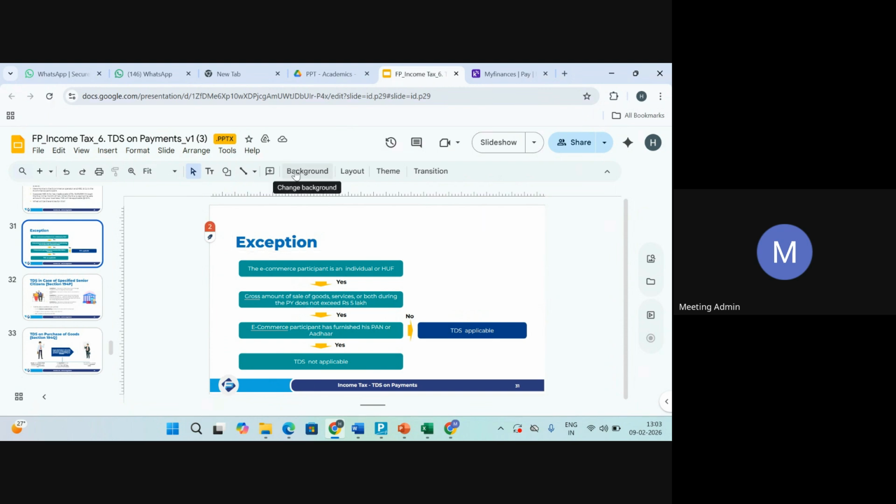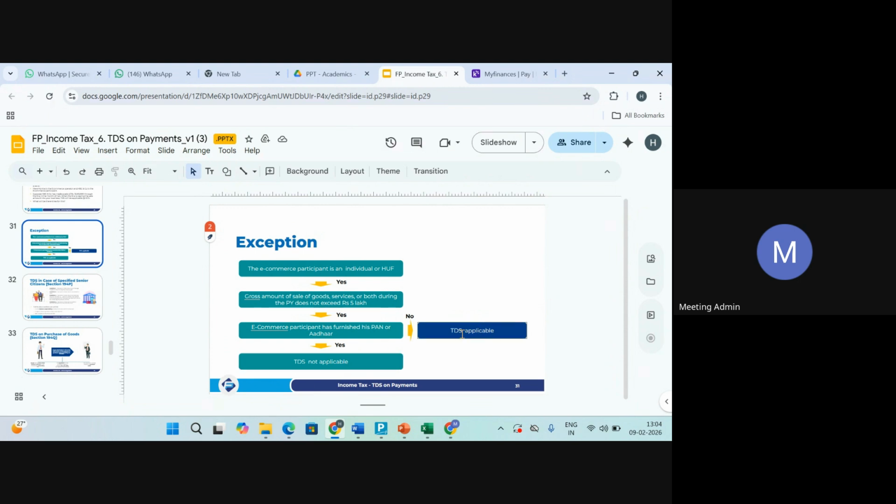Okay, next we have exceptions. If the e-commerce participant is an individual or a Hindu undivided family, it doesn't matter, and the gross sales of goods and services, or both, during the previous financial year do not exceed rupees 5 lakh, and the e-commerce participant has furnished his PAN or Aadhaar card, then TDS is not applicable.